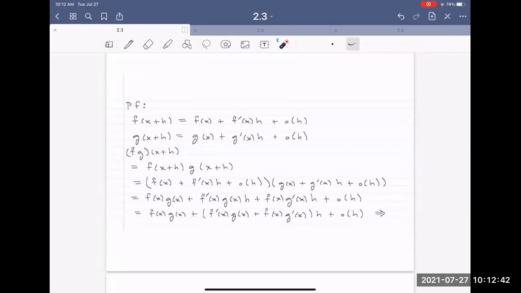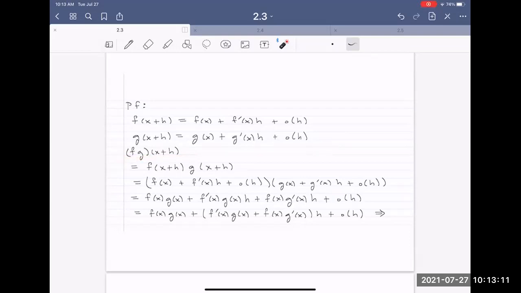Since f is differentiable, there's an f'(x) such that f(x+h) is equal to f(x) plus f'(x) times h plus little o of h. Since g is differentiable, there exists a g'(x) such that g(x+h) is equal to g(x) plus g'(x) times h plus little o of h.